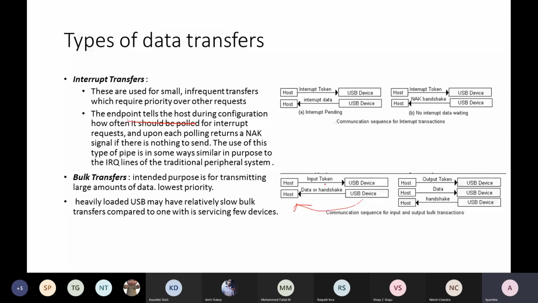We will see in which form, how the USB will understand which data to send back, etc. We'll discuss one by one. But the thing is that the host will initiate with an input token or an output token.